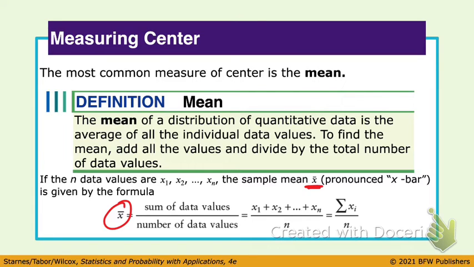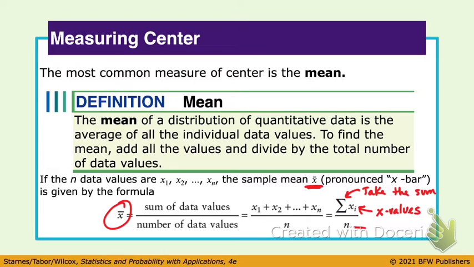This symbol is capital sigma, and it means to take the sum of whatever's after it. And right here it says x sub i, x with a little i in the subscript. That just means your x values.